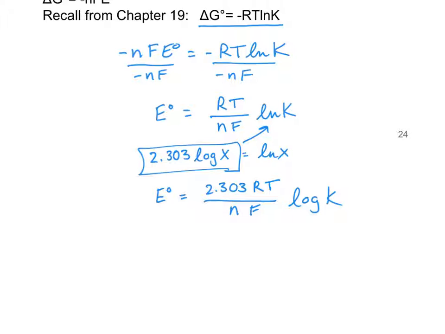And because R, T, and F are going to be constants, and we're always going to be, for the most part, at 25 degrees Celsius, we can take those all to be one constant.